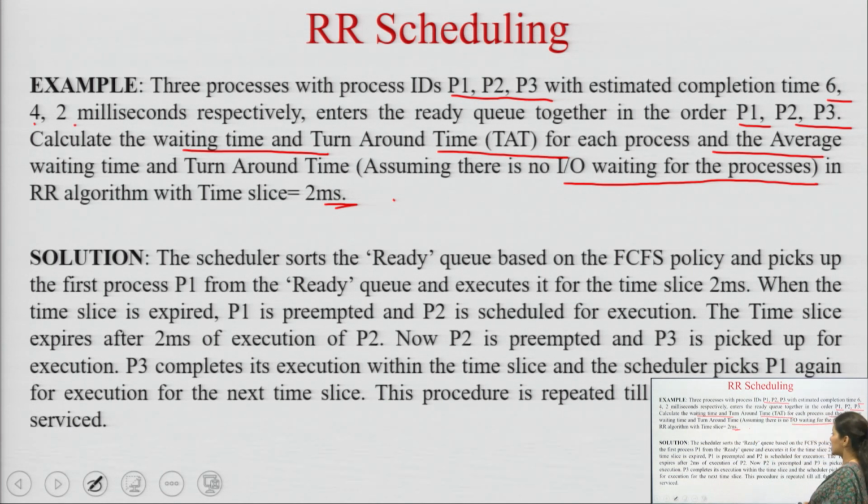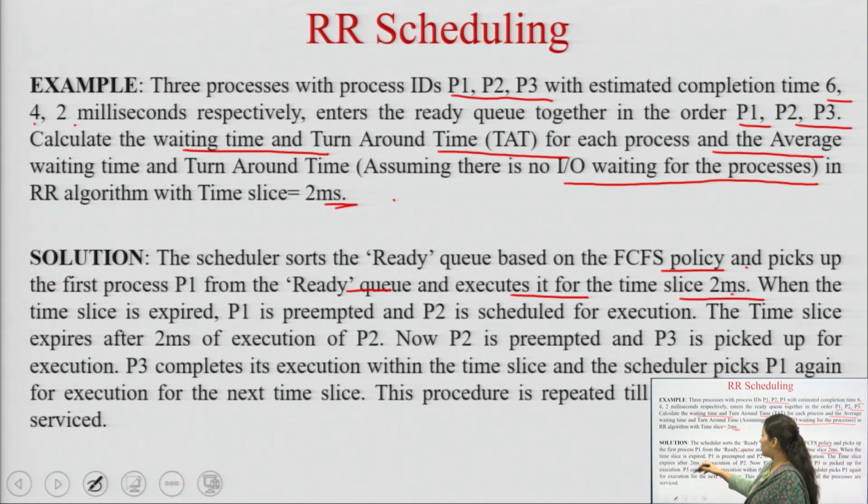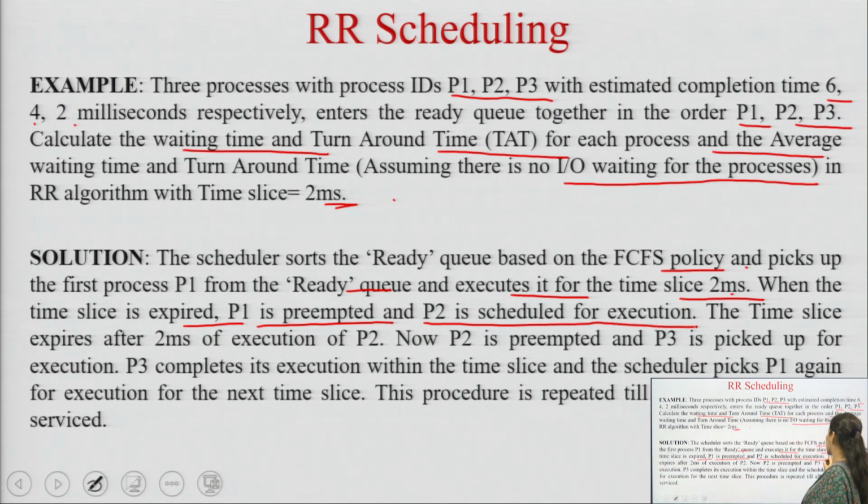Now, let us understand the situation and then we will find the average waiting time and average turnaround time. The scheduler sorts the ready queue based on the first come first served policy, picks up the first process P1 from the ready queue and executes it for the time slice, that is 2 milliseconds. When the time slice expires, P1 is preempted and P2 is scheduled for execution. The time slice expires after 2 milliseconds of execution of P2.